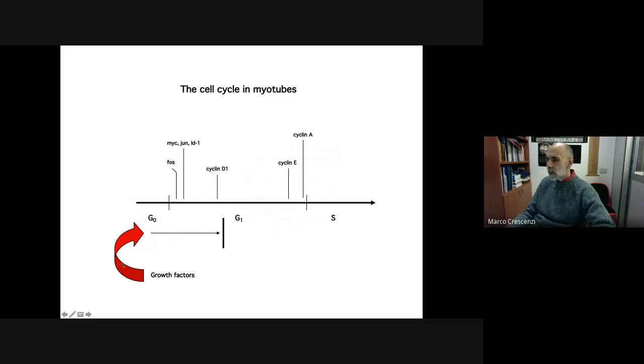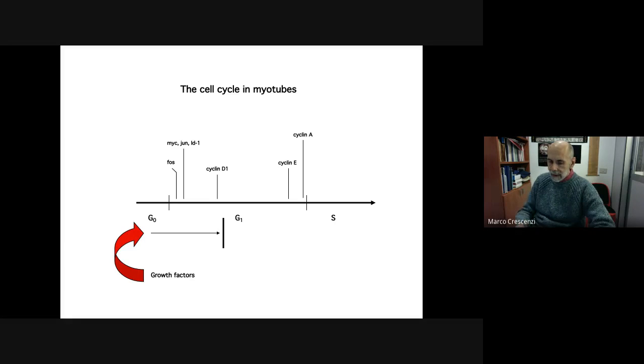But if they're myotubes, they're stimulated by growth factors and respond much like myoblasts in the first part of G1, but then hit a wall, an obstacle that they are unable to pass, which prevents them from going through the second part of G1. Of course, we were very interested in the nature of this obstacle, but at the time had no idea what it was.